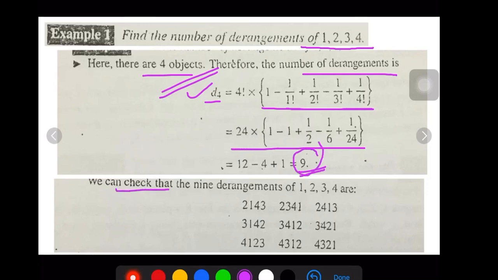You can validate that with the following example. If there are 4 numbers taken as 4 objects, look at this. In all these positions, none of the elements is in its own original position. Apart from these 9 possibilities, if you try to place in any other way, at least one element will be in its original place, so that is not considered a derangement.